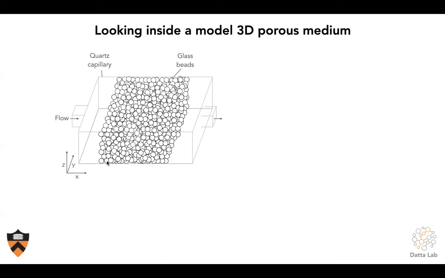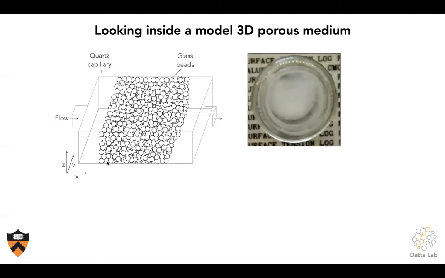The beads are typically tens of microns, hundreds of microns in diameter. And then what we do is we fuse them together by sintering these media at 1,000 degrees Celsius for a few seconds. So the glass softens, the beads fuse together, and then you get a nice rigid porous medium that's non-deformable. And so that's something where we can control the structure of these media very nicely, but they're still opaque.